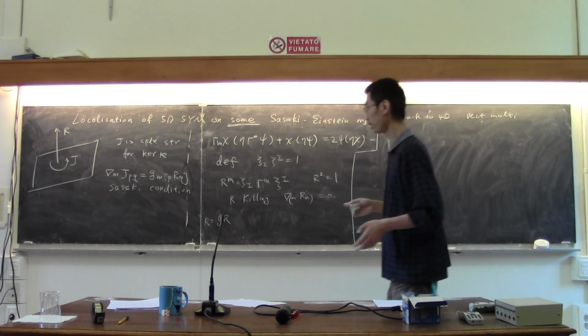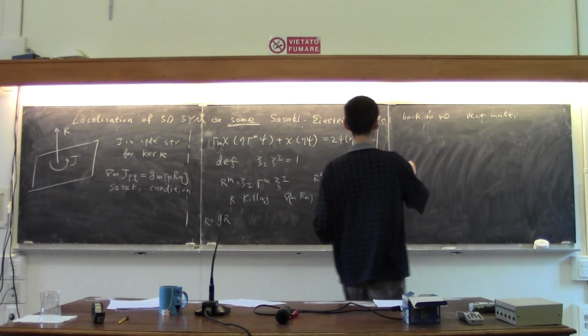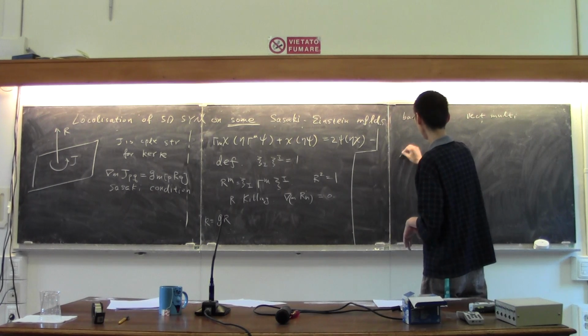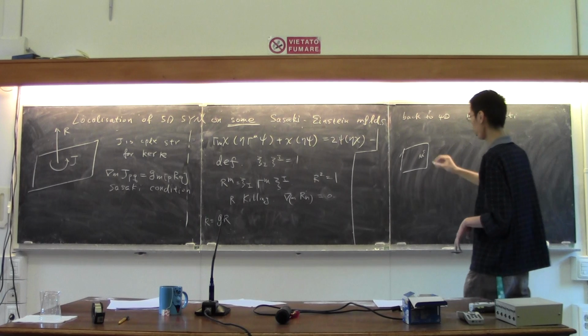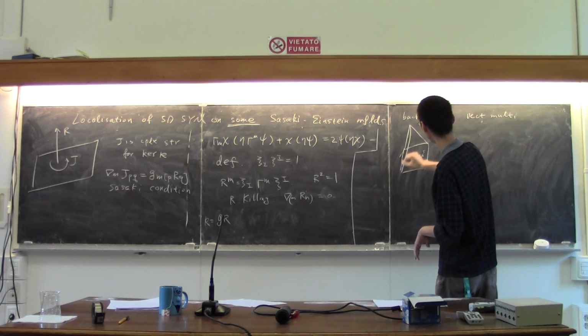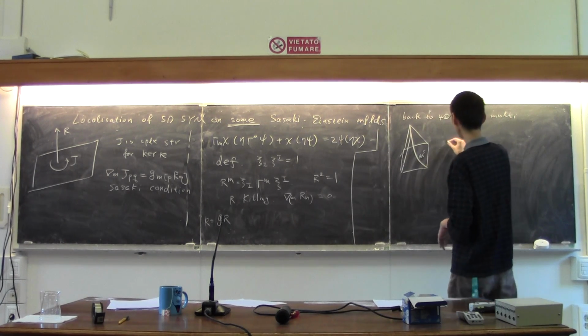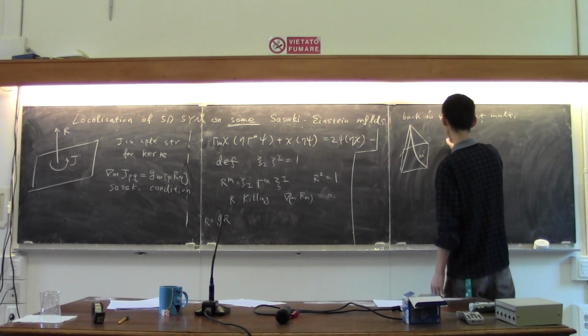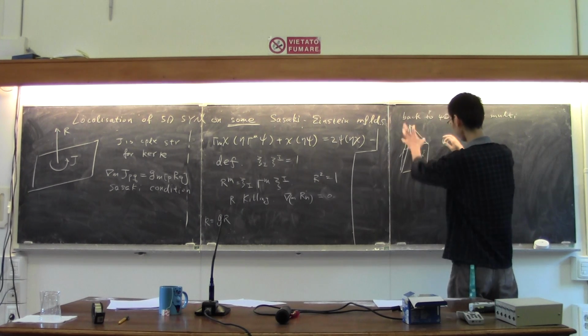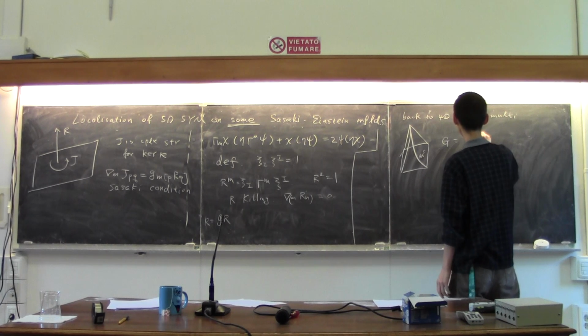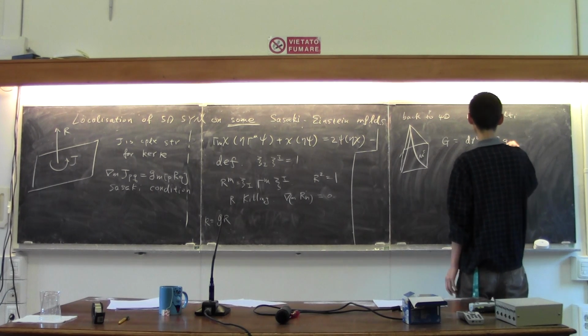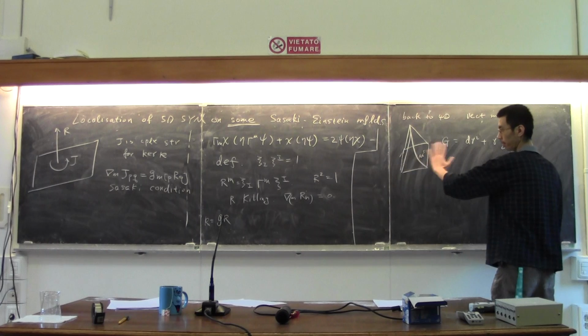There are two ways to read this condition. One is that you take a 5-manifold, which I call M5, and you consider its metric cone. Namely, the metric cone is defined as follows: you have a metric given by dr squared plus r squared g, where g is the metric for this M5.